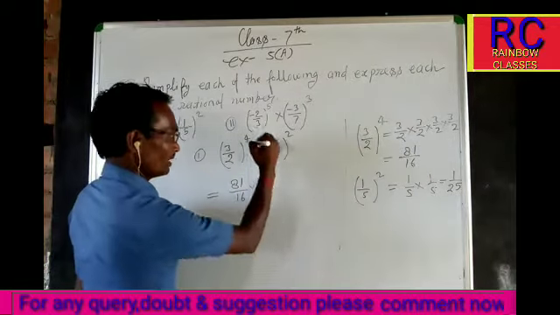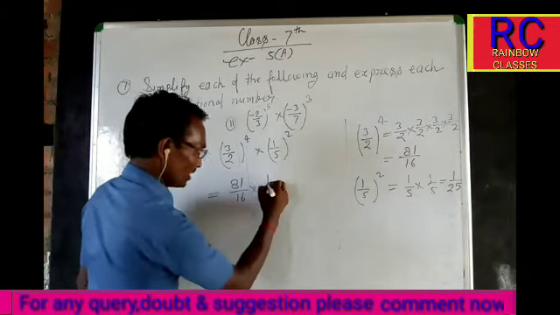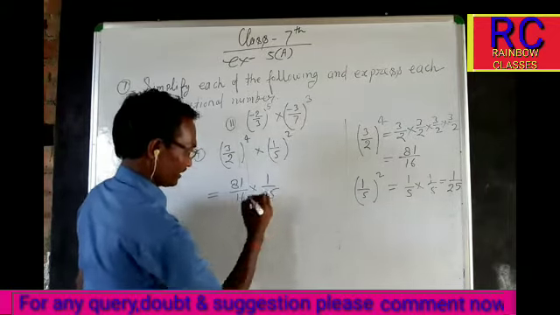So 1 by 5 to the power 2 is equal to 1 by 25.